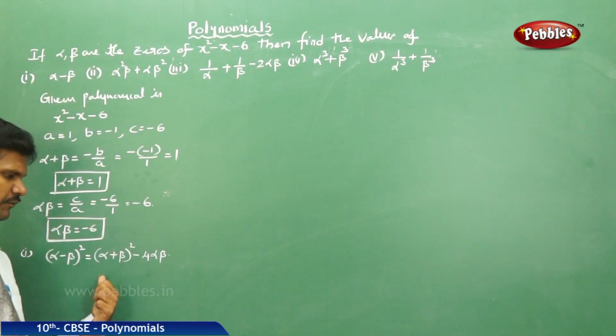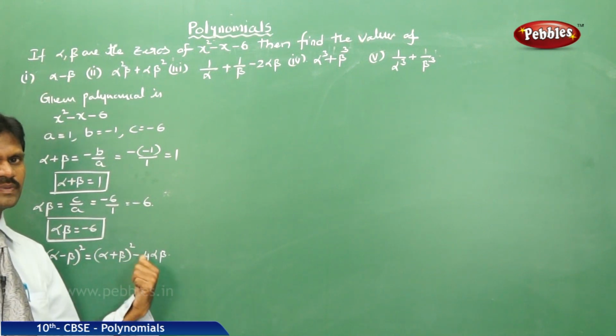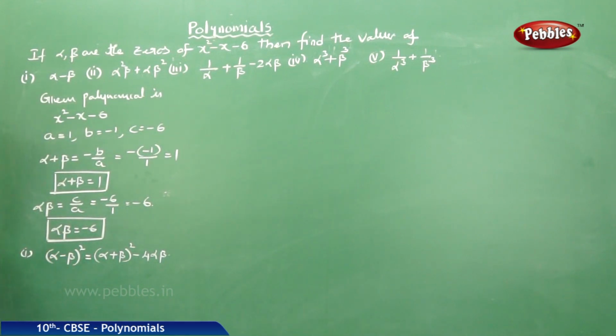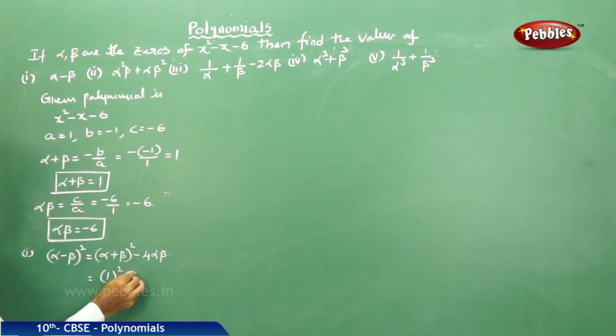Therefore the required form is alpha square plus beta square minus 2 alpha beta, which gives you (alpha minus beta) whole square. That is equal to (alpha plus beta) whole square, where alpha plus beta is 1, minus 4 times alpha beta, which is minus 6. That is equal to 1 plus 24, that is equal to 25.